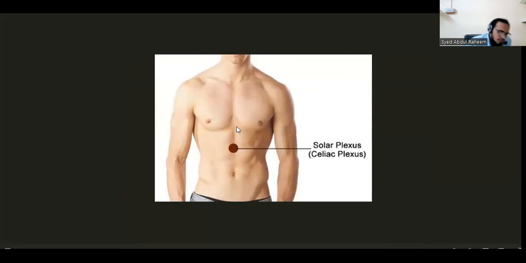This is the center, mostly above the umbilicus, about 4 to 5 inches above the umbilical area. Here we have epigastric pain and burning sensation. You can advise remedies for abdominal pain, gastritis, flatulence, indigestion.